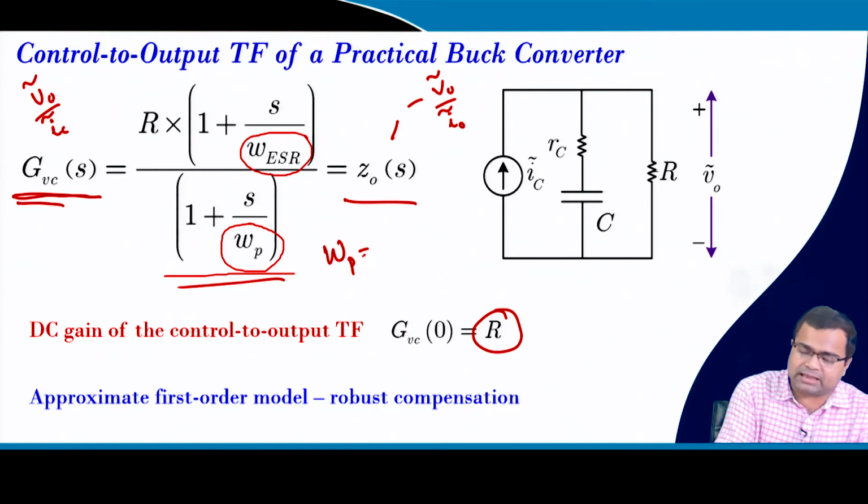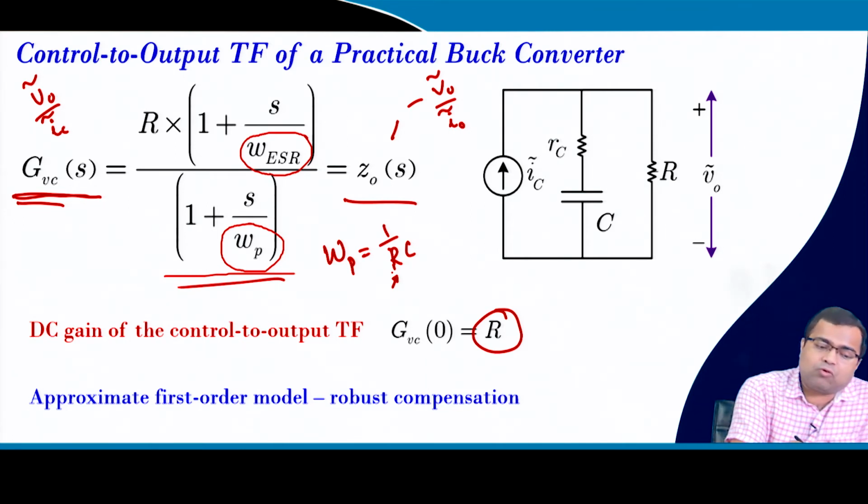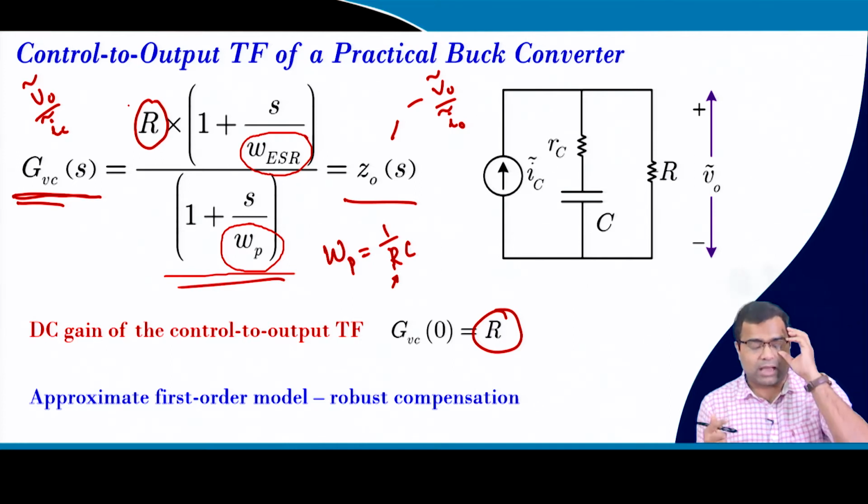Omega p is our 1 by RC, right. That means, if you reduce R, this pole becomes faster, right, but at lower R the DC gain is also falling, right, because at lower resistance value the DC gain is drastically falling.